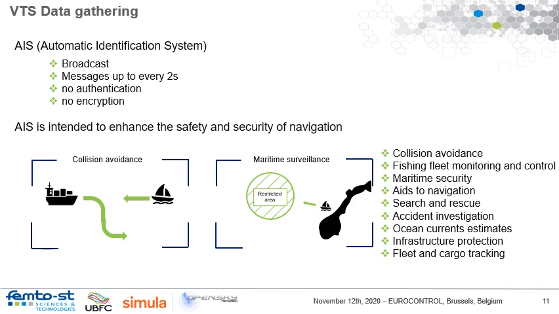It doesn't have any authentication or encryption, and it's intended to enhance the safety and security of navigation among other protocols that are used as well. So it's used to avoid collisions. It's used to monitor the fishing fleets and control them. It's used for maritime security, aids to navigation, etc.